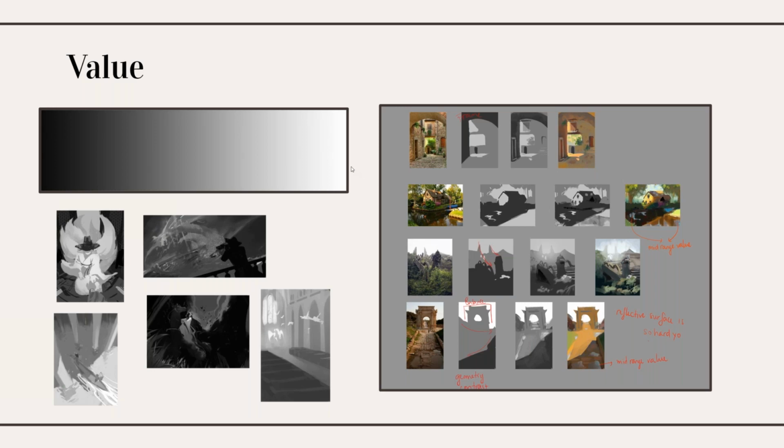And when you get caught up in the details too early, it gets really hard to fix later on. And this applies to both portrait and character illustration environment, whichever you're working on.